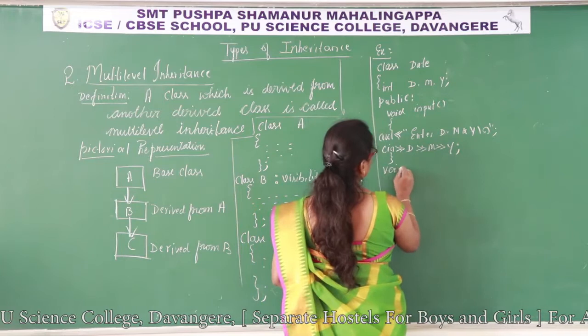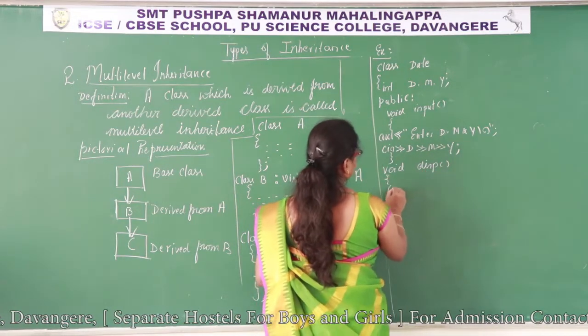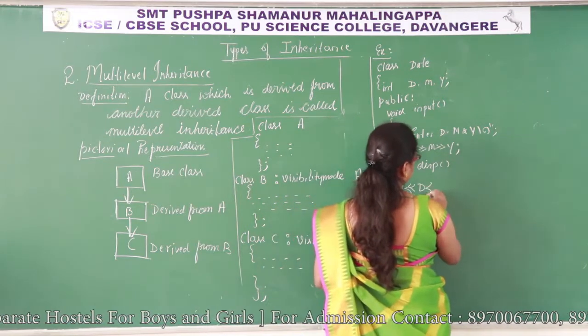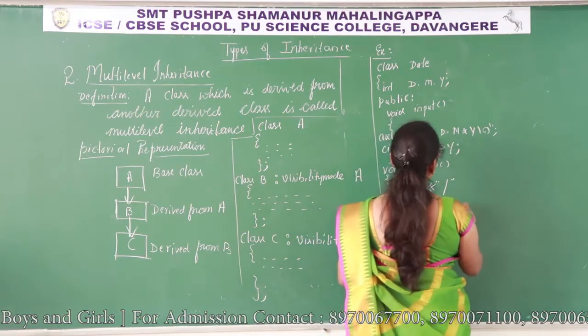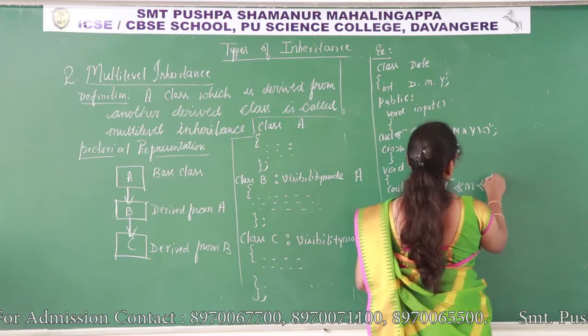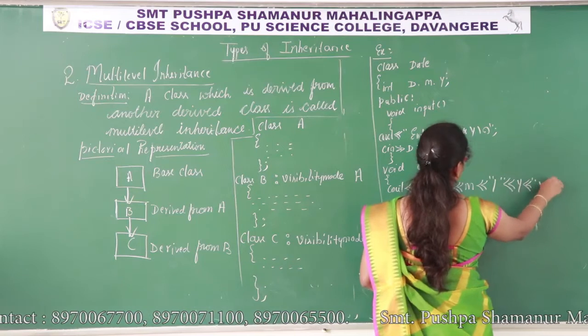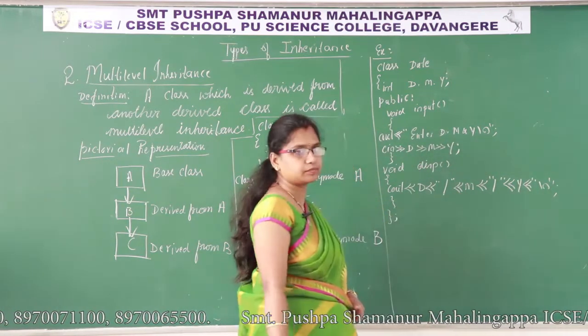Void disp, cout insertion date, I'll give forward slash, day, month and year. Class close.